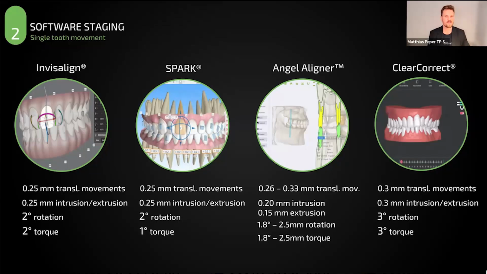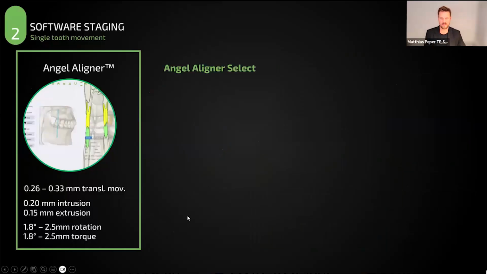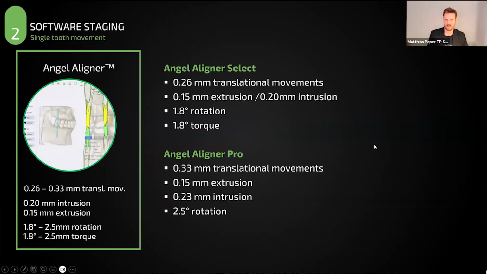So we use the same movement patterns for ClearCorrect, a maximum of 0.25. And again, as I explained, for Angel, Angel Select is different from Angel Pro. This is also important for you to understand. You can see that for Angel Pro, we do more movements, a little bit faster, because we have the two different aligners.